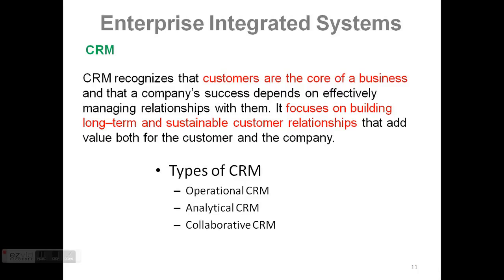Analytical is more about analyzing. It's a back-end thing. It's not a customer-facing CRM. It's mostly a management-facing CRM. And it's about how we can use the data we have about our customer in order to figure out strategic decisions for the organization in relation to the customer.